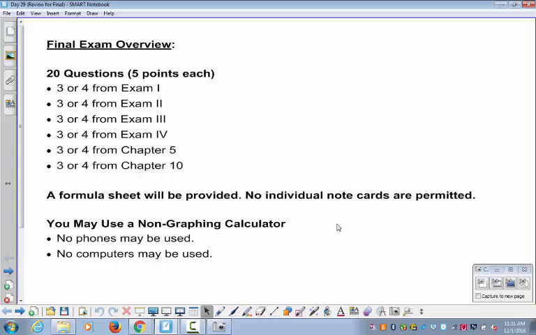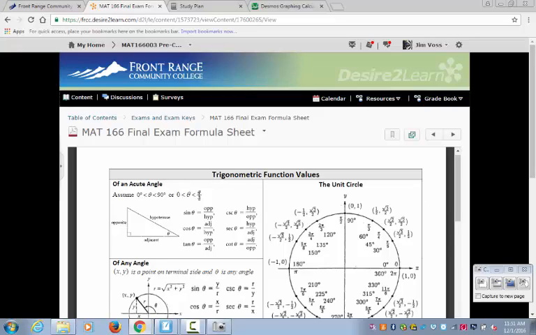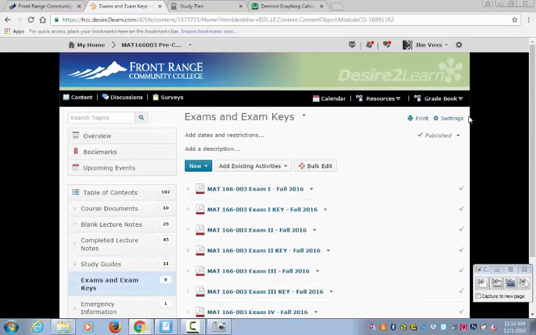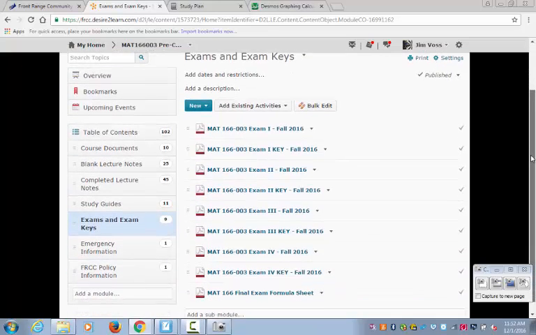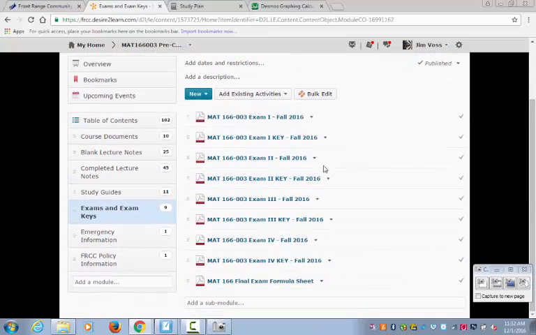So to study for that content, obviously you should just study those exams. And the answer keys are all posted in there. So in D2L under exams and exam keys, there is a key posted for each exam. So that is definitely where you want to be going to study the review content. So there's a key up here for each exam, all the way through, all 4.